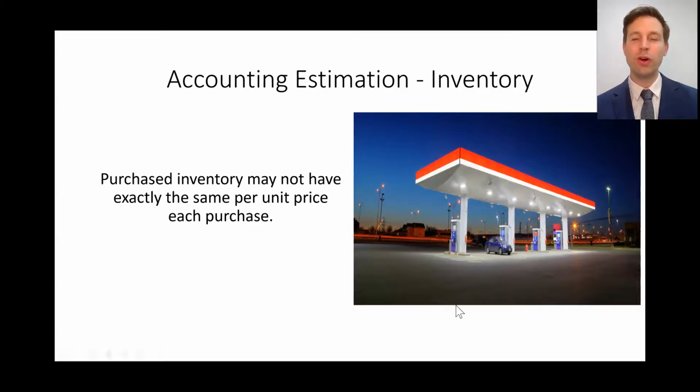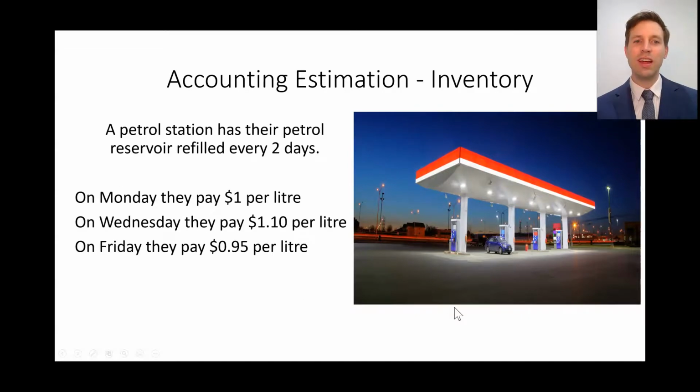So here we've got a nice photo of a petrol station. A petrol station, in this case, has its reservoir refilled every 2 days. On the Monday, it gets filled up and they paid $1 per litre for the petrol. On Wednesday, they filled up the reservoir and they paid $1.10 per litre. And on the Friday, at the end of the week, they only paid 95 cents per litre to fill up the reservoir.